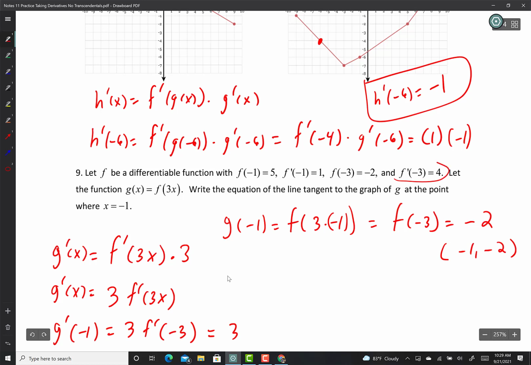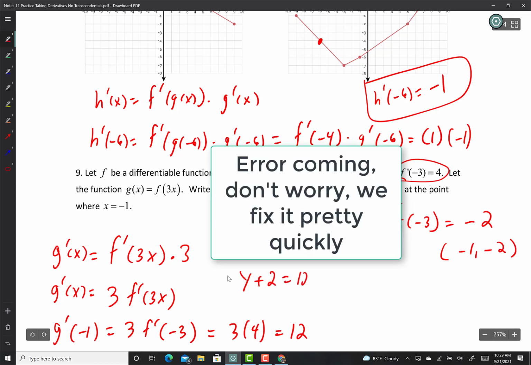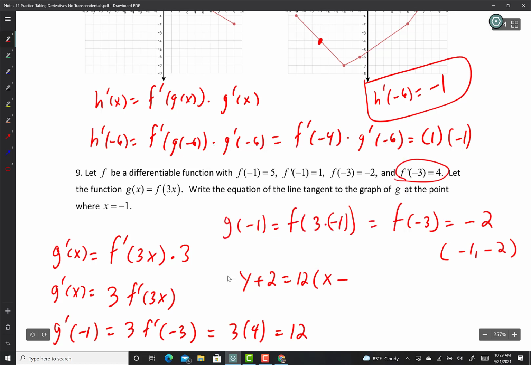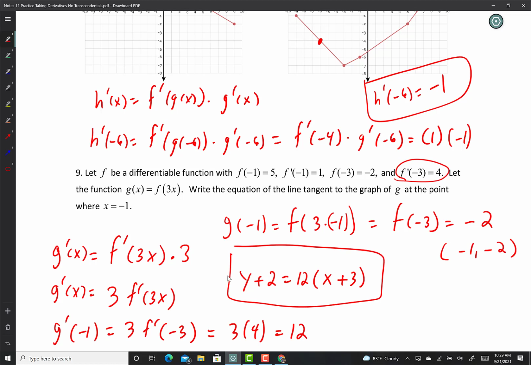I looked that up. F prime of negative 3 is 4. So 3 times 4 is 12, that's my slope. I'm just doing point-slope formula now, guys. Y plus 2 equals 12 times x plus 1. Sorry, I heard someone say 3, or maybe it was my imagination.